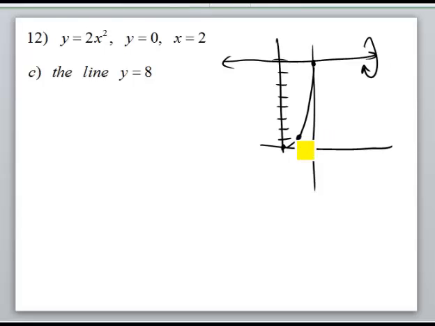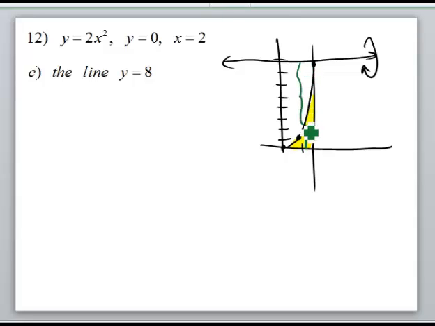So you have to decide if this is a disk or a washer that we're creating. And notice I'm revolving it about this, so I can't create that rectangle right there. But the section would be going in this direction. This is obviously going to be a washer because I can see the hole that's created.